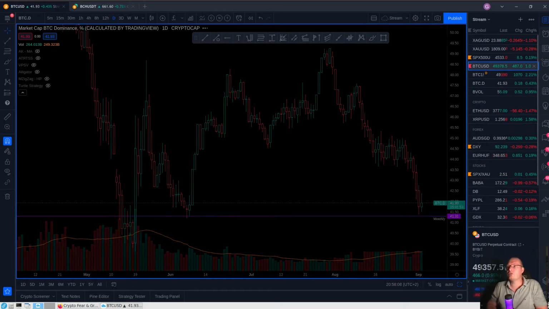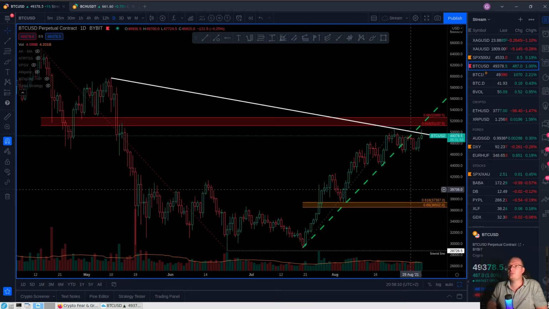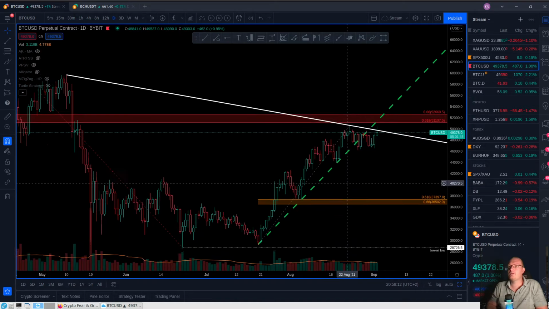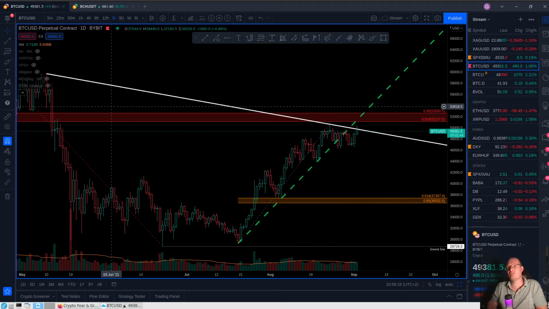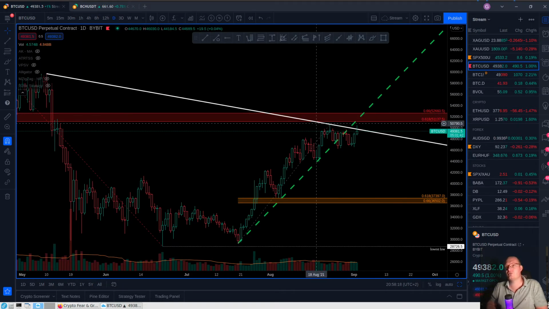So let's see whether this zone acts again as support and we bounce up from here. So Bitcoin up for the moment, 1%. So we're still under influence of this white resistance line.